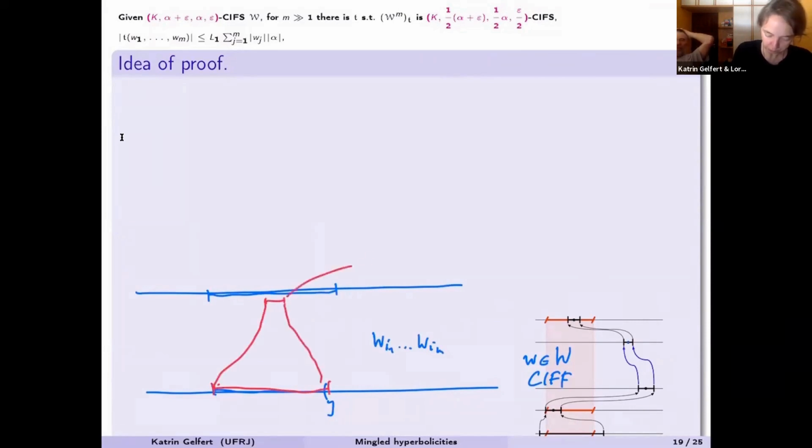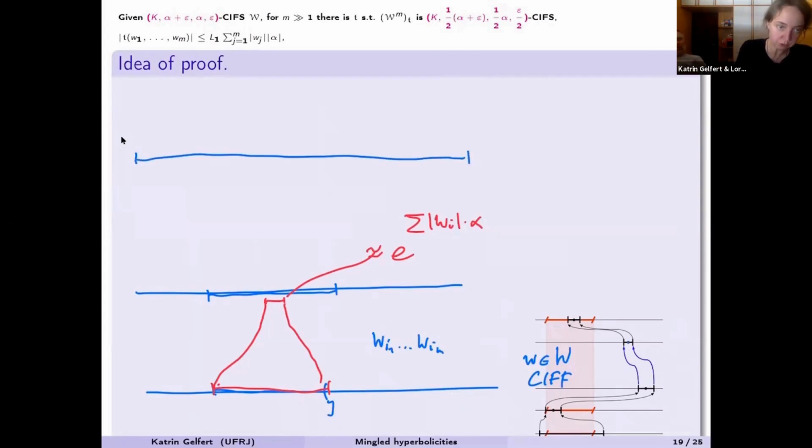And you know that it shrinks more or less like the Lyapunov exponent. So this is according to the length of the words involved times alpha, well, plus minus epsilon. Okay, so the size of this is of that size.